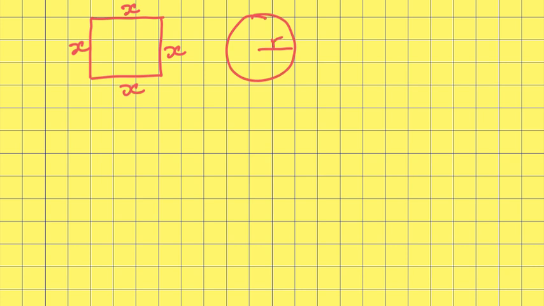If we go back to our diagram, we've got a square, sides x, and we've got a circle, radius r. Our other critical values are the maximum value for x is 1. Because if we use all 4 meters on the square, the biggest value for x is 1.